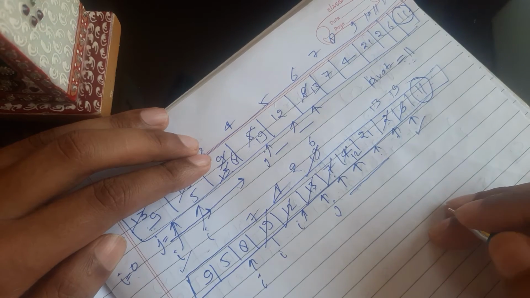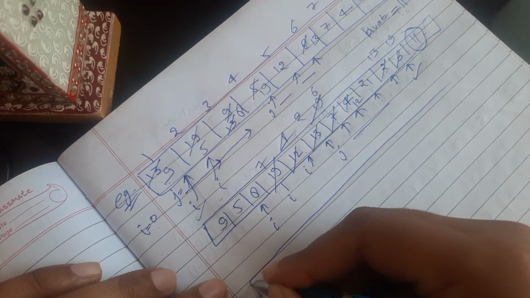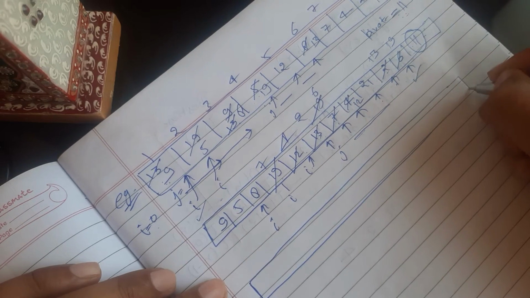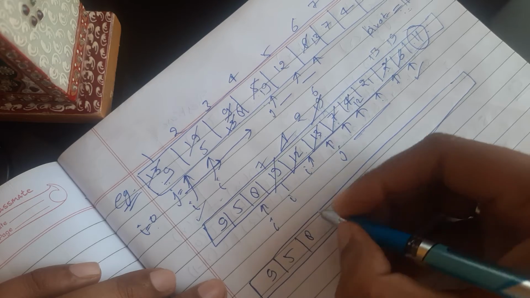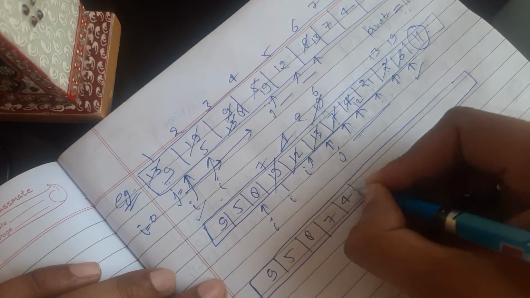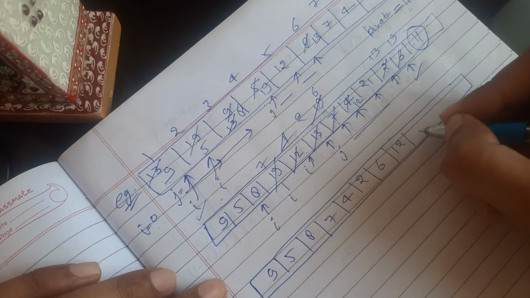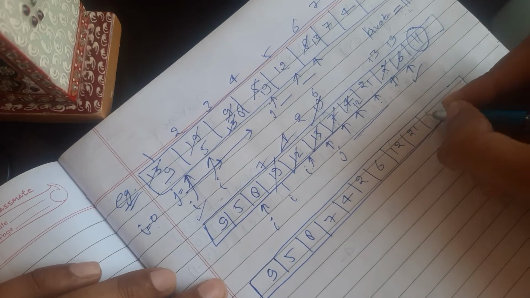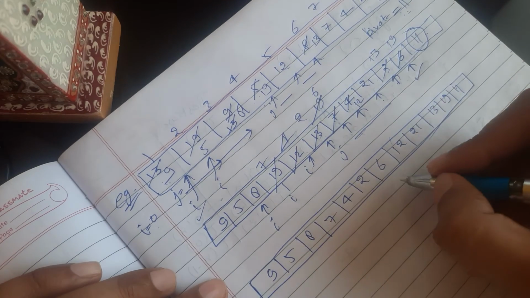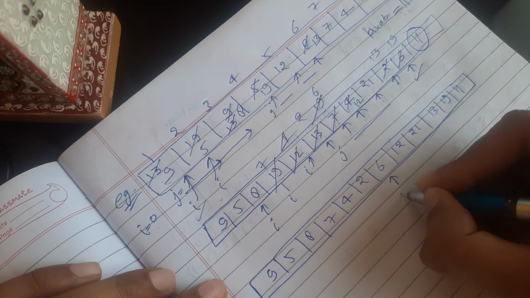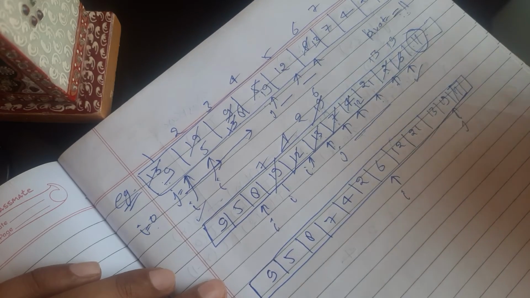So the new array is like this: 9, 5, 8, 7, 4, 2, 6, 12, 21, 13, 19 and 11. Okay, and I is pointing to here and pivot is pointing to here and J is pointing to here.